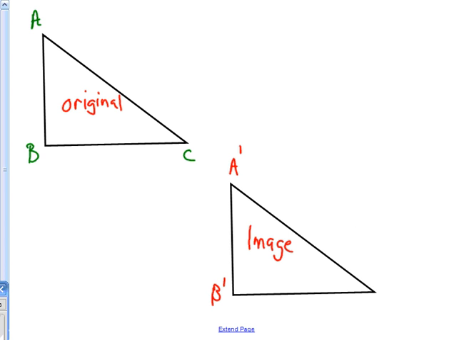You're absolutely correct. It's B prime. Who's left? Again, you're way too quick for me today. C prime. We have now translated the original triangle ABC to the right and down, producing triangle A prime, B prime, C prime. Only location changed.